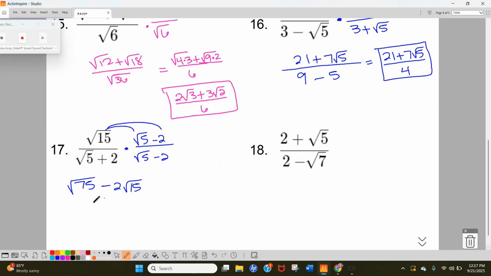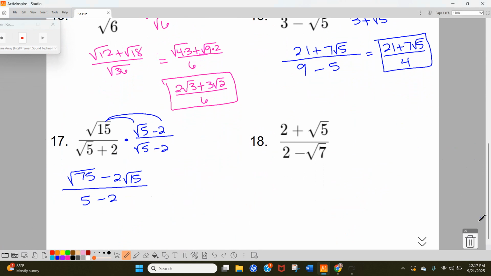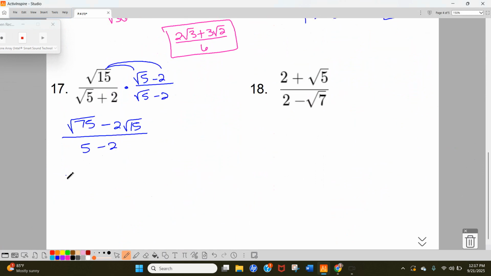And then on bottom, we get the square root of 25, so 5, and a minus 2. All right, so we've got to do some simplifying here. We've got to call this 25 times 3 instead of 75. 15 doesn't have a perfect square factor, so it's just going to stay. So then we would have 5 root 3 minus 2 root 15 all over 3, and that can be our final answer.